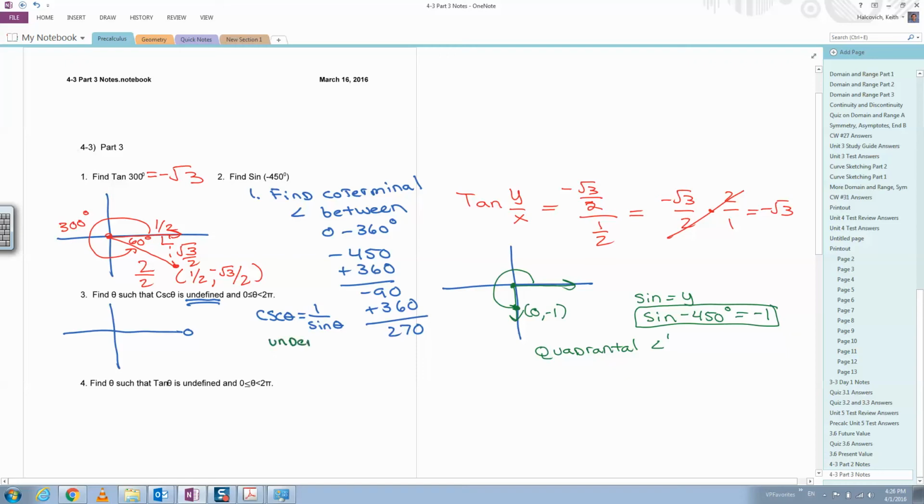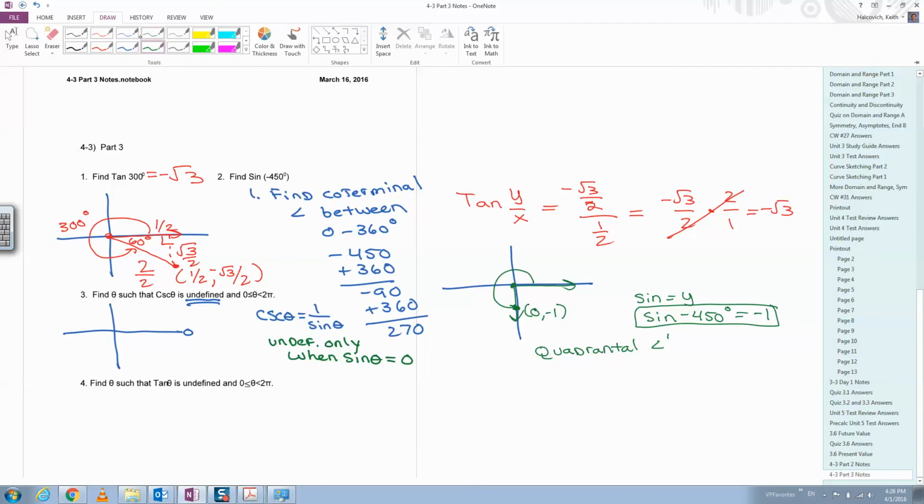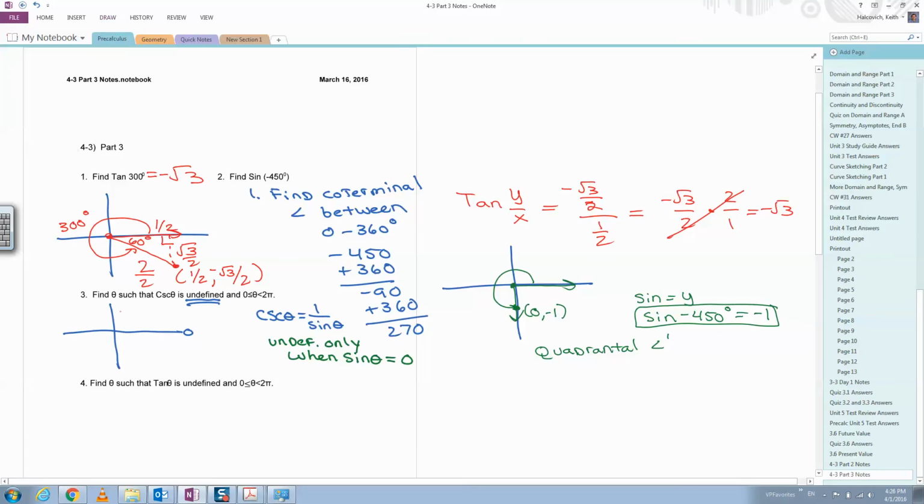So it's undefined only when sine is equal to 0. Well, there's two places where the sine is equal to 0. Sine is y at 0, because remember, this is 1, 0. And at 180 degrees, because this would be -1, 0. That is where the sine is equal to 0, because remember, sine is y.